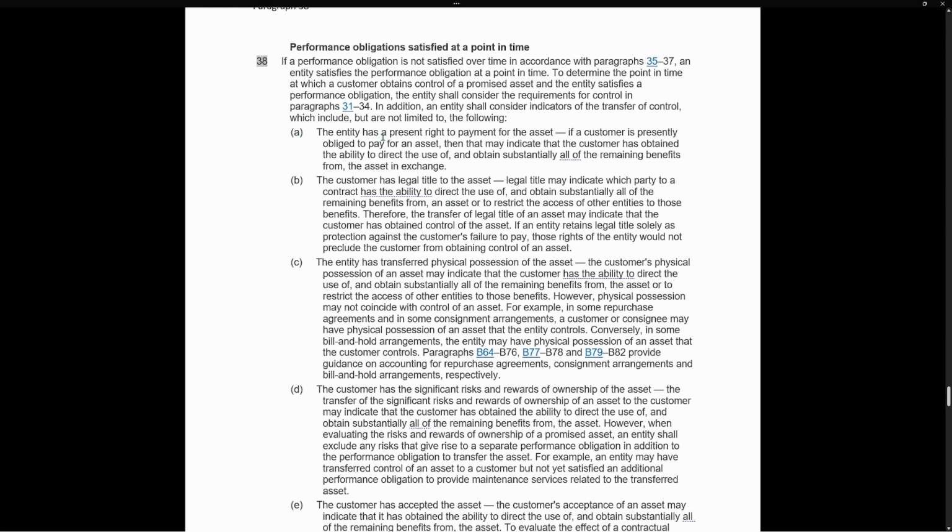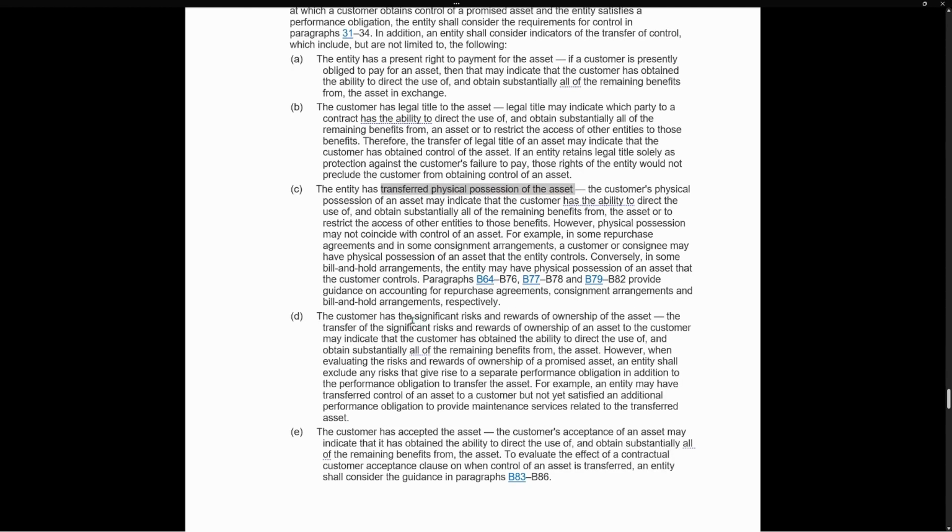In part A, you will see that the entity has a present right to the payment for the asset. The other one, the customer has a legal title to the asset. And then the entity has transferred the physical possession of the asset. And the other one, the customer has the significant risks and rewards of the ownership of the asset.